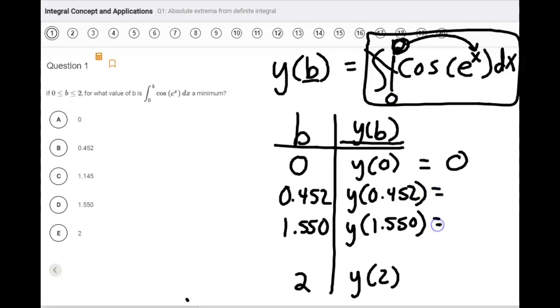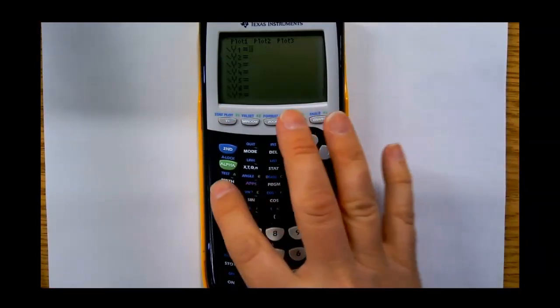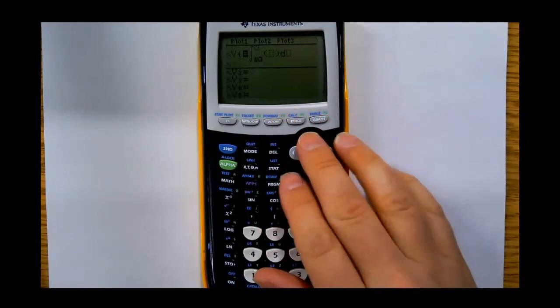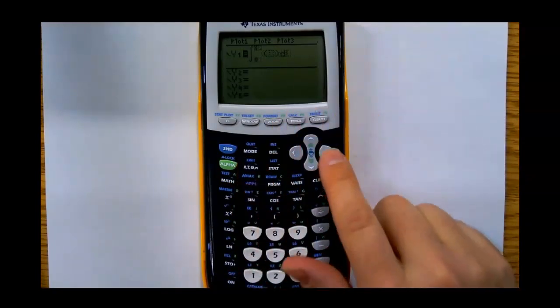These other ones, though, we're going to go ahead and use our calculator to help us out in getting those. Okay, so let me go ahead and clear this out real quick, and we'll go back to our calculator. Now, we're going to push y equals, and I'm going to put the function in there. Now, this is an integral function, so we're going to need to put an integral in there, and we're going from 0 to b, but we can't put b in our calculator, so we need to put x.